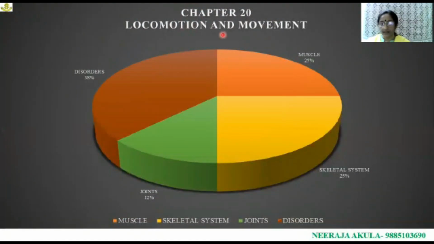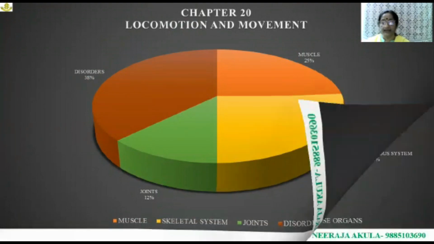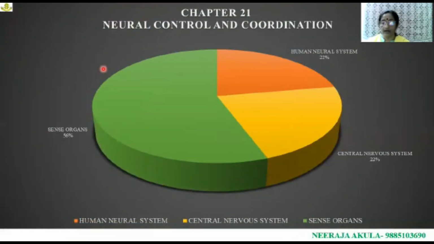Chapter 20, locomotion and movement. Maximum number of bits came from disorders. Chapter 21, neural control and coordination. Maximum number of bits came from sense organs, especially from the eye.